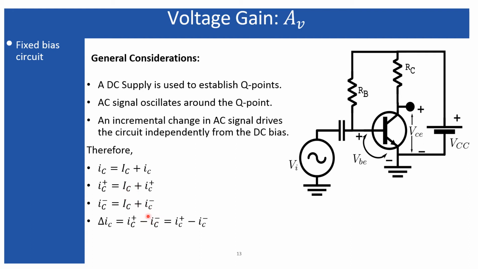In that case, the result will appear as IC plus plus IC minus. So they are also representing the incremental change, as their differences in representing over here. So the main fact is that the incremental change includes only the AC current. It does not include the DC current.